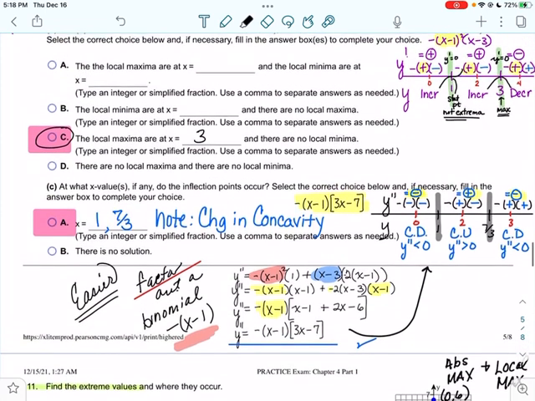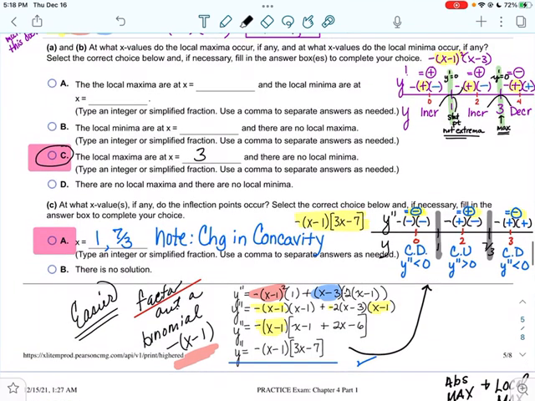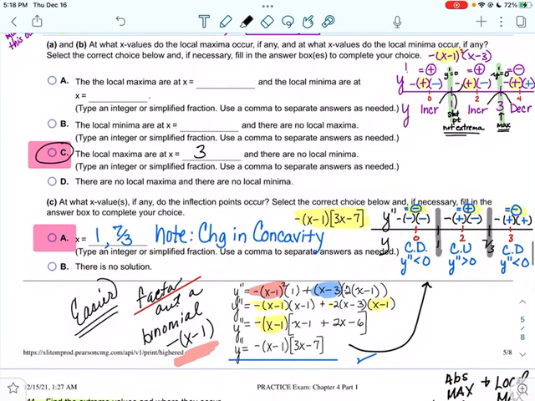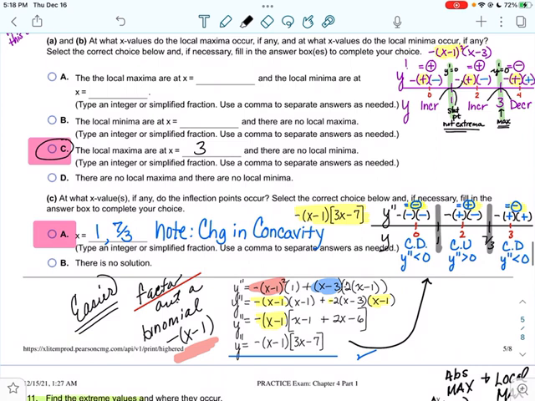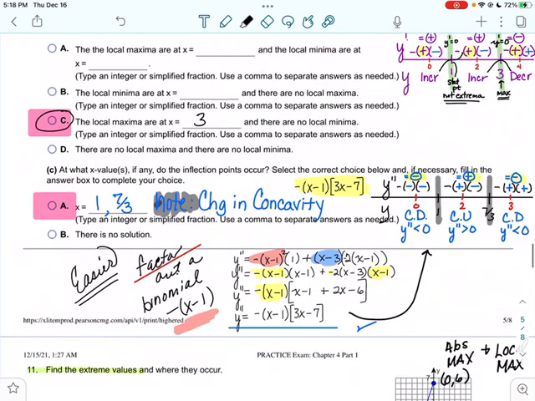So we have, at what x values, if anything, do the inflection points occur? Whenever there's an inflection point, you must note that there's a change in the concavity. So you can talk about y double prime going from positive to negative about a particular point.